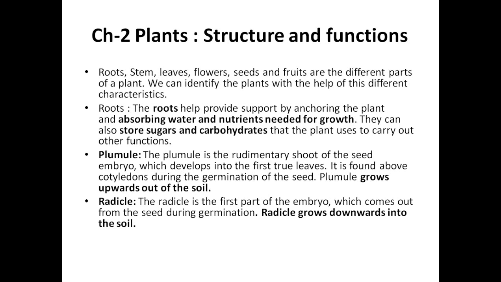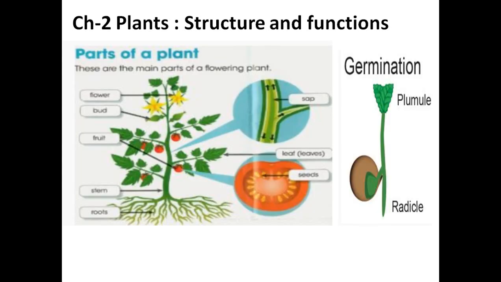So what do you mean by this? Plumule is that part from where the stem, or you can say the shoot part, starts developing, while radicle is that part from where the root part starts developing. You can look at the picture again.